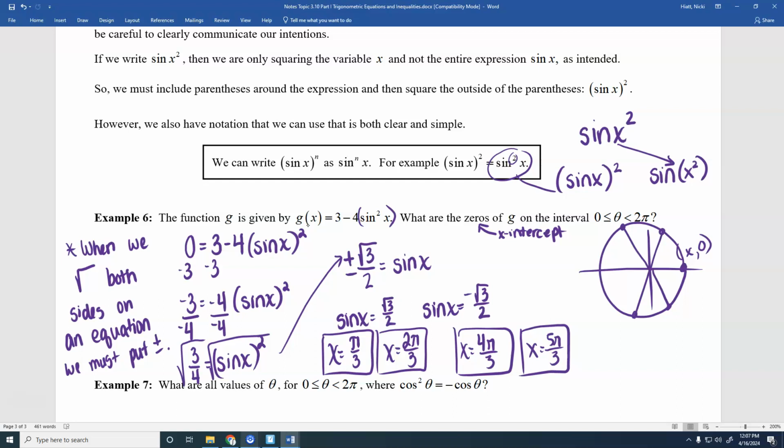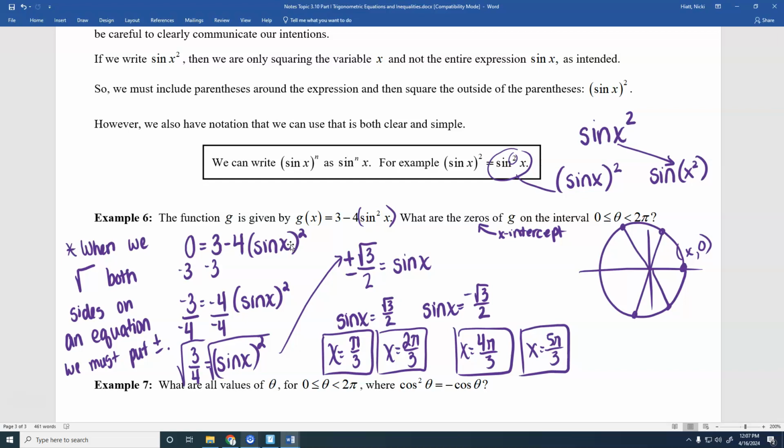Okay, this is restricted to 0 to 2 pi, so I would not put a plus 2 pi k or anything here. It's just going to be those values. Similar to what you were doing last night, but you've got that square, so you've got to square root both sides. You've got to put the plus or minus. So you're going to have more answers normally for those problems.